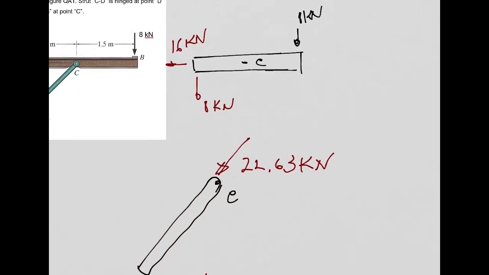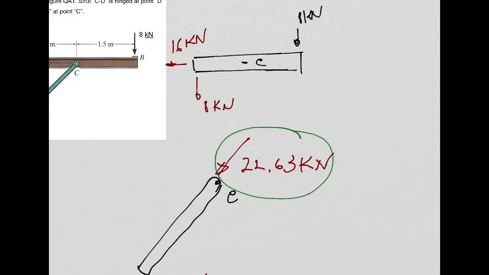So if we look now very carefully at point C in the strut and point C in the beam, this force that we have in the strut represents what? It represents the action that the beam is doing on the strut.